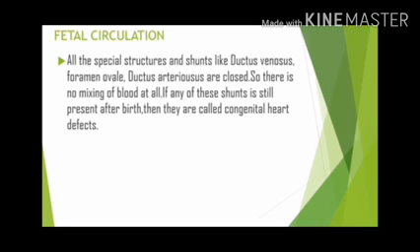It means the heart defects which are present at the time of birth are called congenital heart defects. So if they are found, they should be treated immediately after birth so that the baby will not get any respiratory or cardiac problems in future.